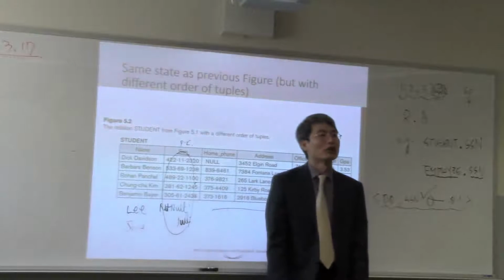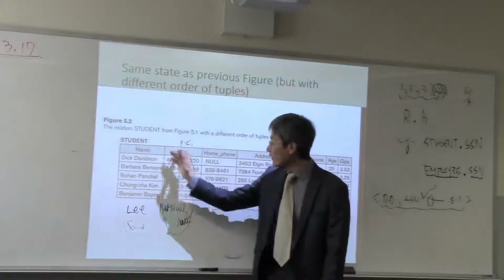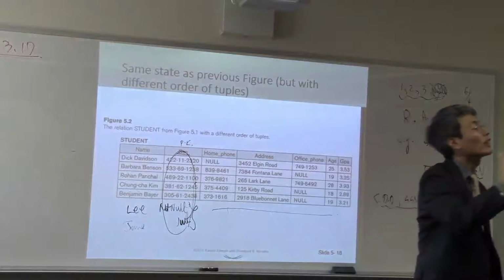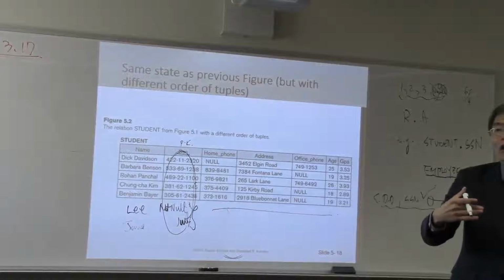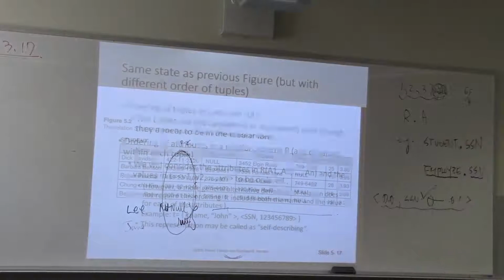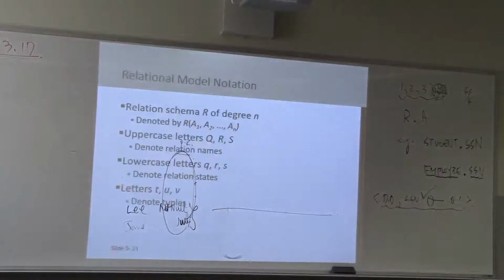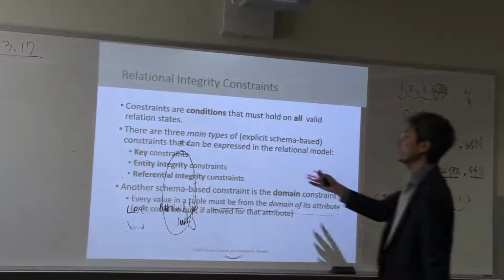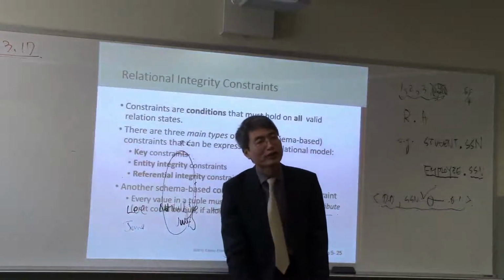not null. So that is the non-null for the key attribute. So the key attribute should not be null. Okay, that is called the second constraint, the entity integrity constraint. It's non-null.